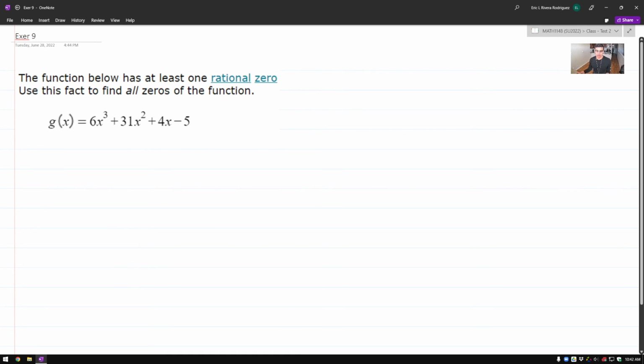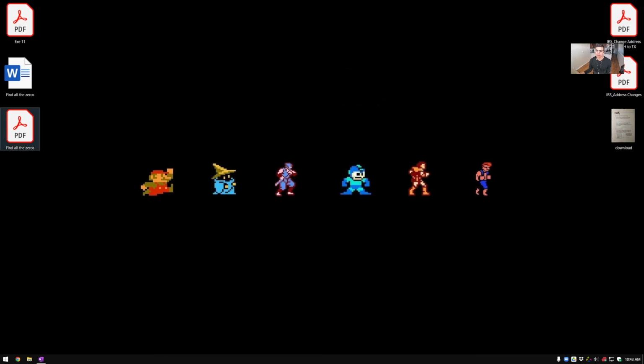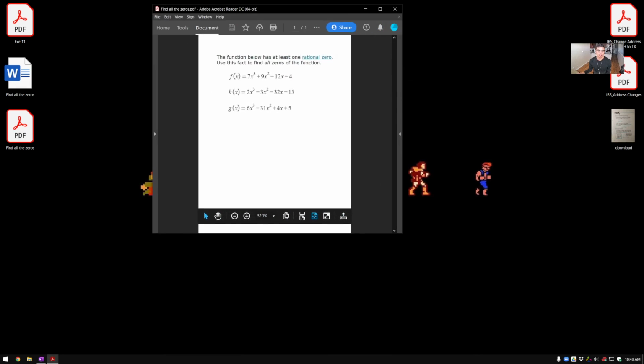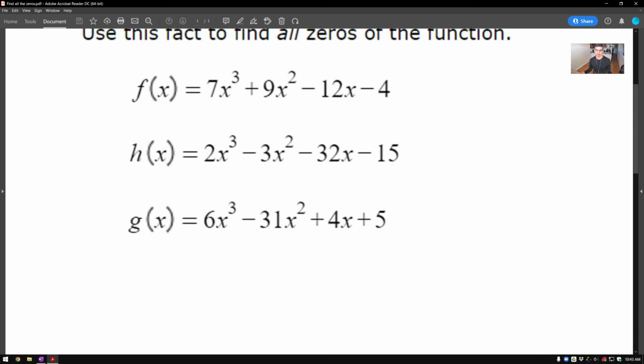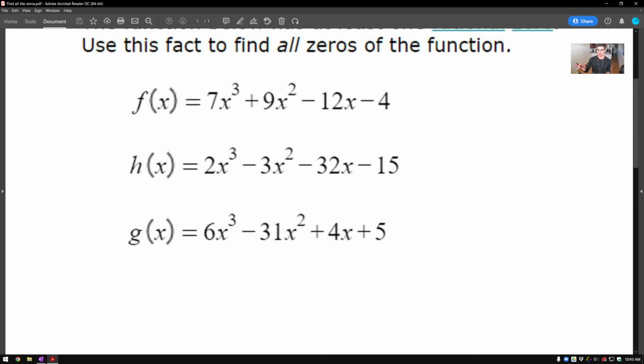Before we finish our class, we are going to finish with this exercise. This is an example of how to find the zeros and to write the polynomial in the factor form. Please write down this polynomial function in your notes, okay, because these are examples that we are going to continue working on Friday.